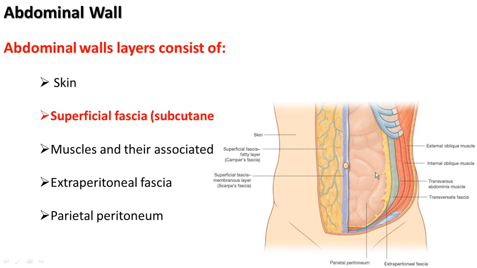Above the level of the line joining the two anterior superior iliac spines, the superficial fascia consists of a single layer, but below this line, it consists of two layers: a superficial fatty layer known as Camper's fascia, and a deep membranous layer known as Scarpa's fascia.